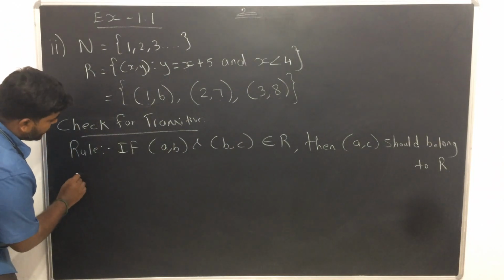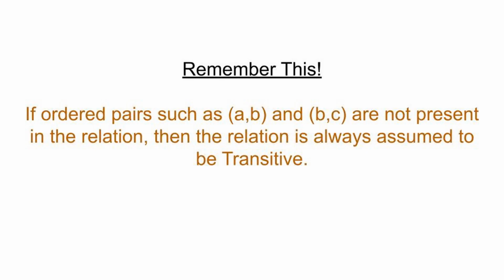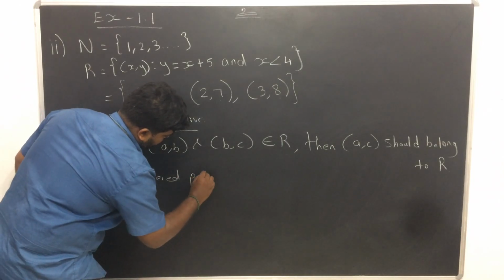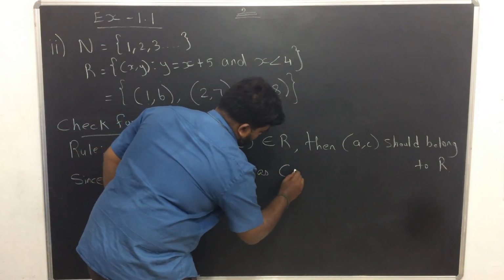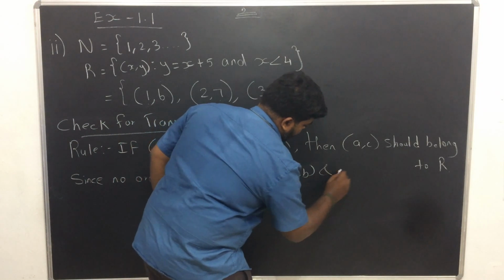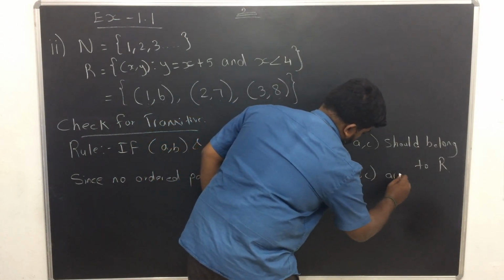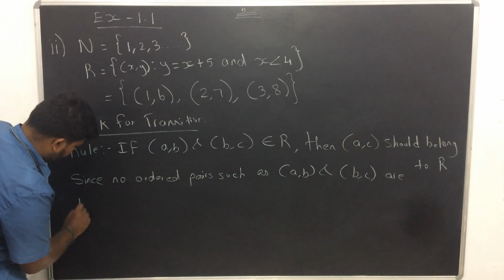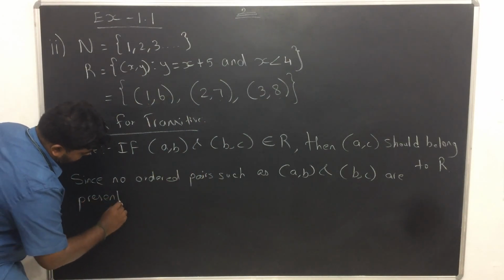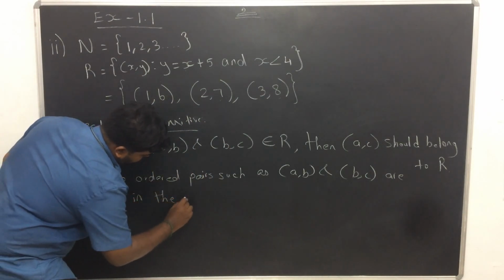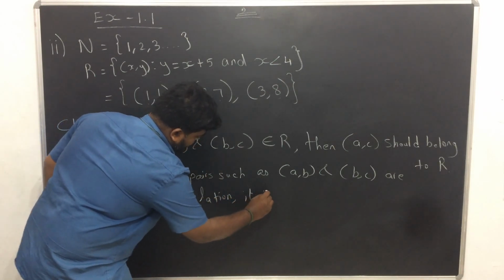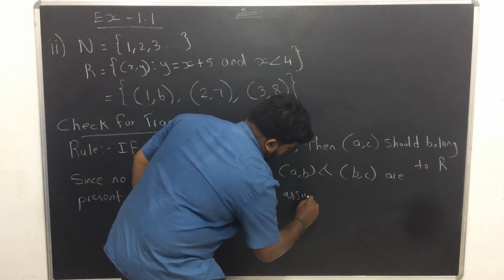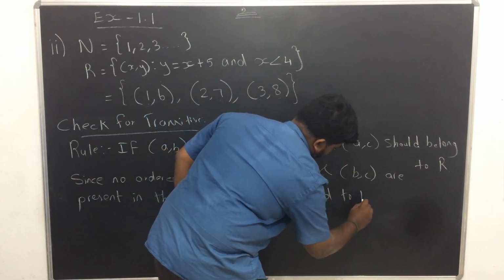Okay, how do we write? Since no ordered pairs such as A comma B and B comma C are present in the relation, which is assumed to be transitive.